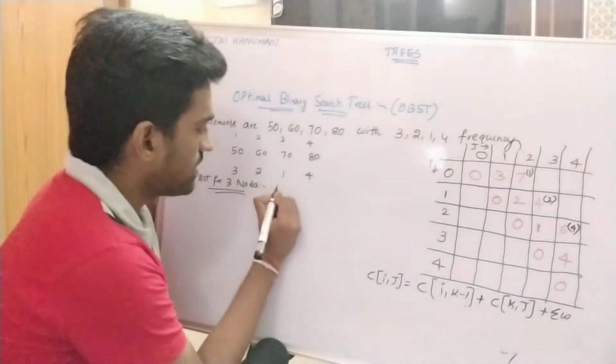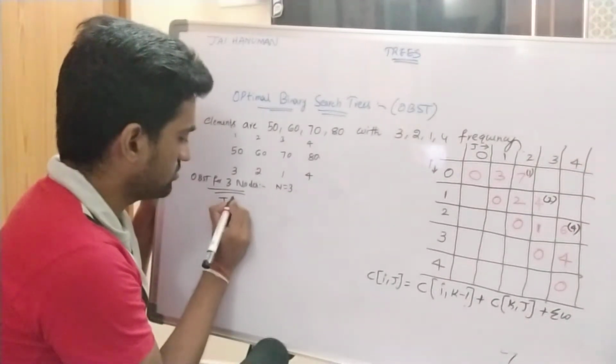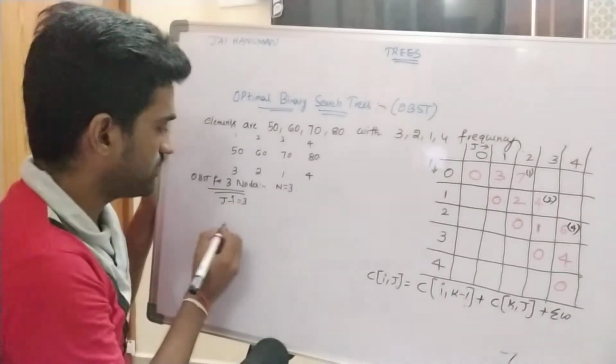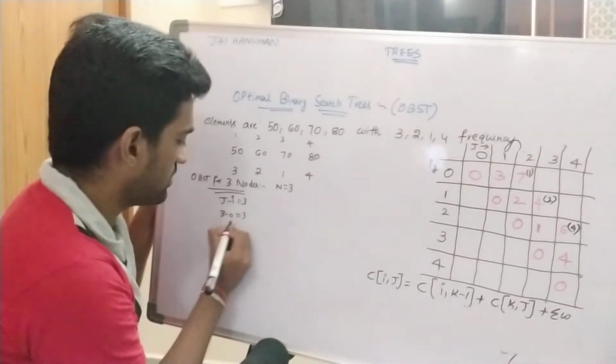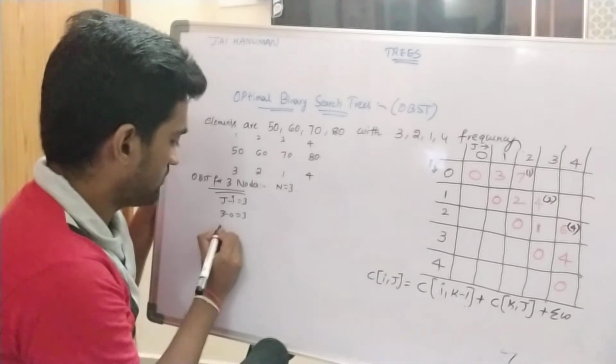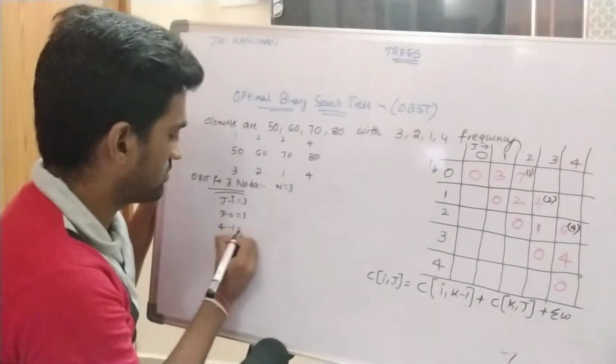So here n is equal to 3, j minus i is equal to 3. In which cases? 3 minus 0 is equal to 3, then 4 minus 1 is equal to 3.